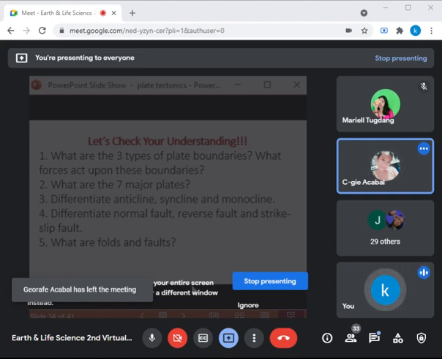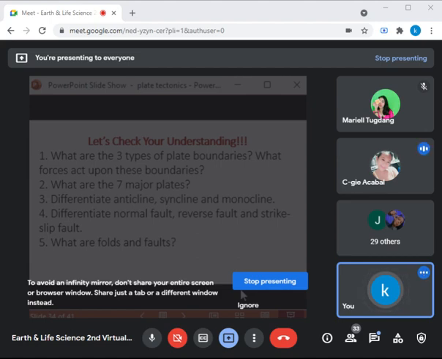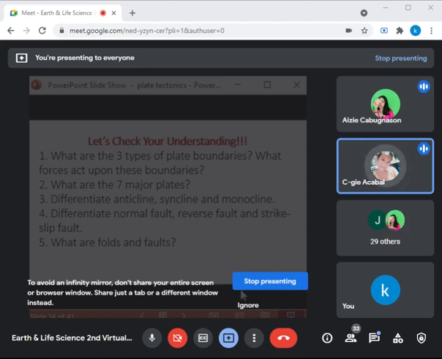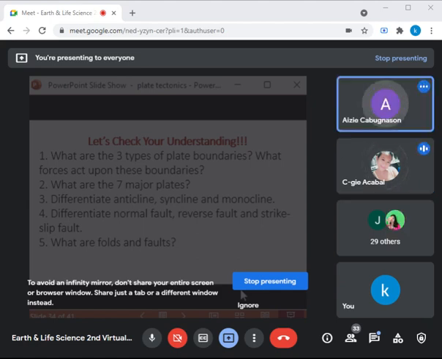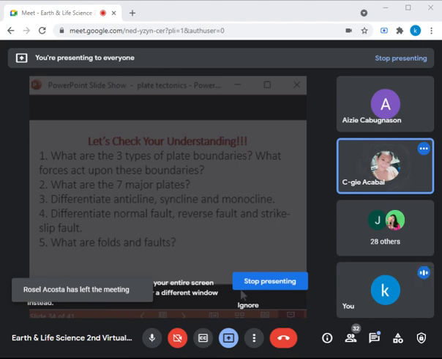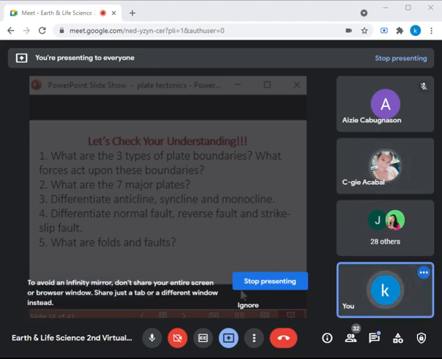Okay, number three, differentiate anticline, syncline, and monocline. Let's have, kaning wala pa na ako natawag, IZ Kabugnason. Okay, very good. Okay, number four.